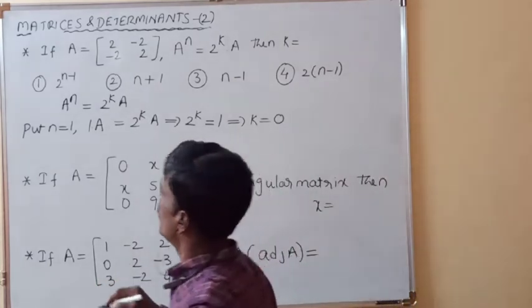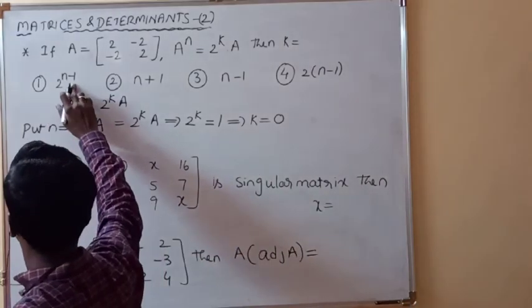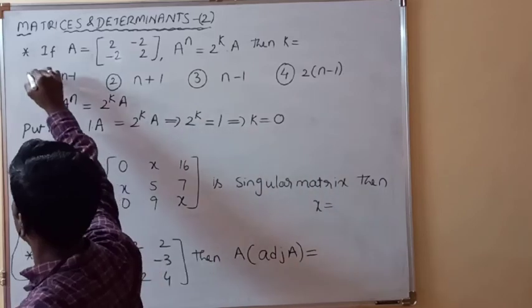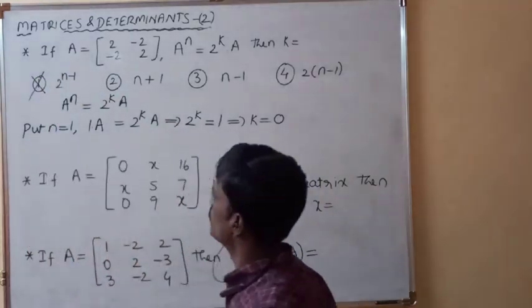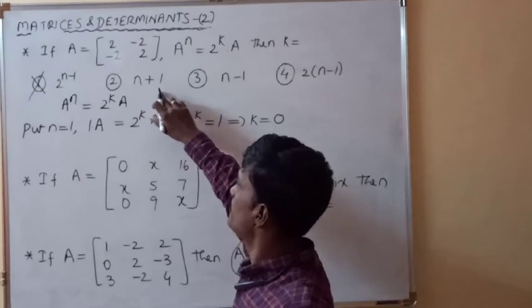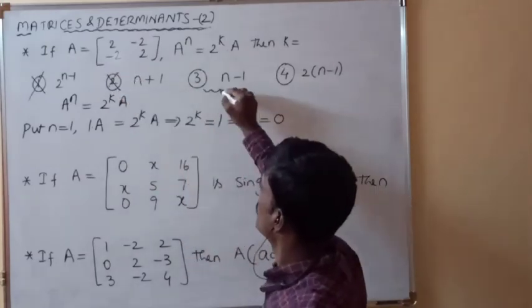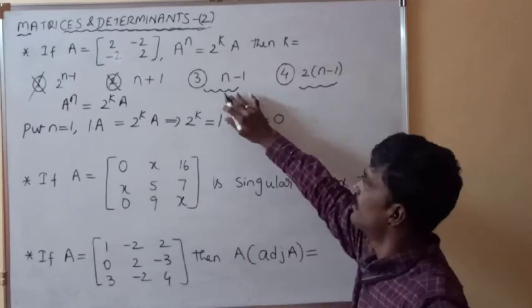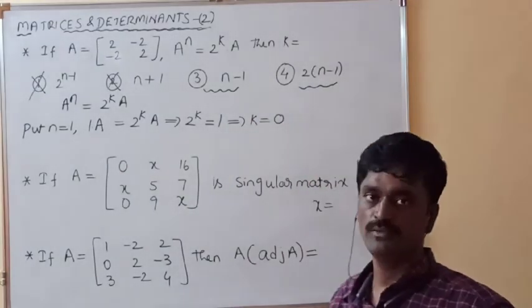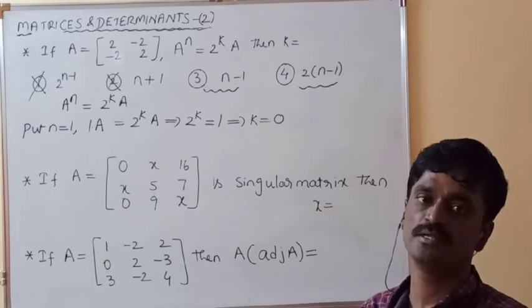If you put n value 1, the first option gives 2 power 0, 1, which is not equal to 0. So the first option is wrong. If you put n value 1, the second option gives 1 plus 1, 2, which is not equal to 0. So the second option is wrong. But in the third option and fourth option, what answer are we getting? 0, by putting n is equal to 1.